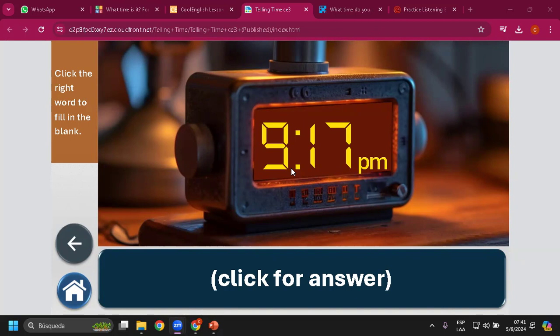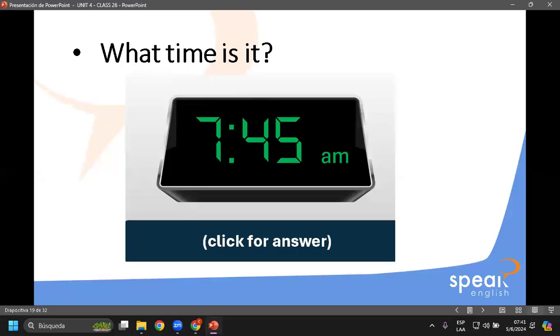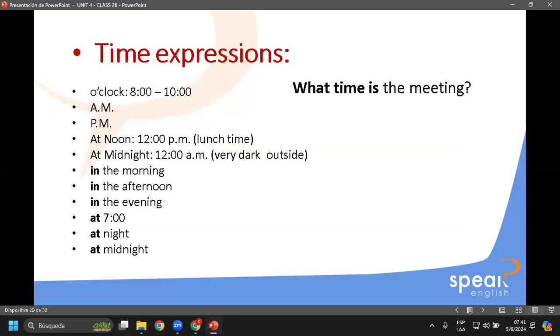Es necesario que aprendamos a dominar las dos, all right? Repito, no sabemos con quién nos va a tocar hablar y no todas las personas van a usar el mismo estilo. Por lo tanto, es importante manejar ambas, okay? Be careful with that. Now, when we are telling the time, everybody, it's also important to know the time expressions.